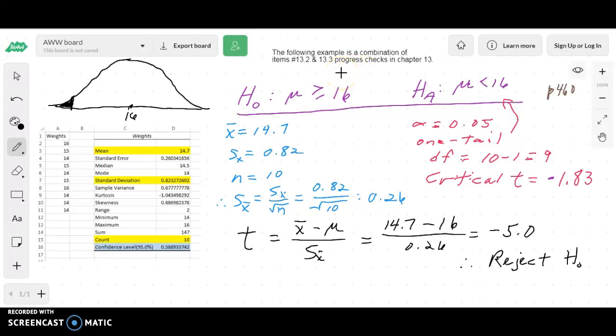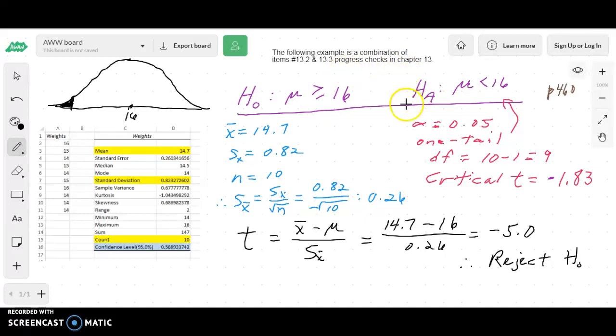So the situation was they were checking the weight of the amount of beef in packages that stated it was 1 pound of beef. The test being conducted is to see if the company was cheating in the packages and actually packaging significantly less than 16 ounces of beef.